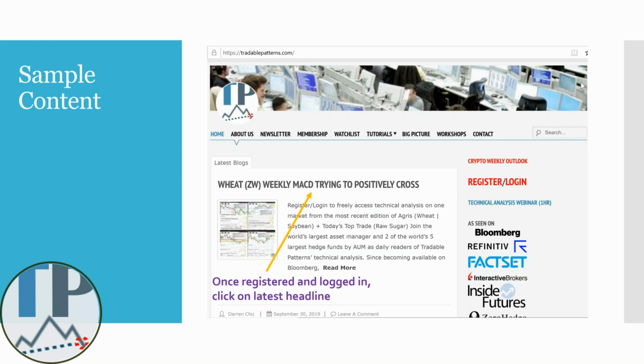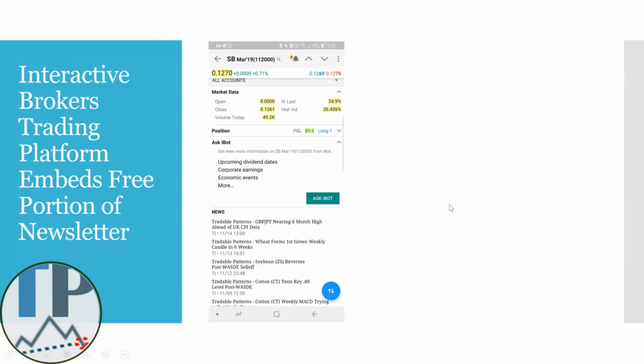Let me go to the next screenshot. This is for those of you who trade from your mobile through Interactive Brokers. It's a screenshot of how the mobile app, TWS or IBKR Mobile, I'm not quite sure what the brand is, looks.